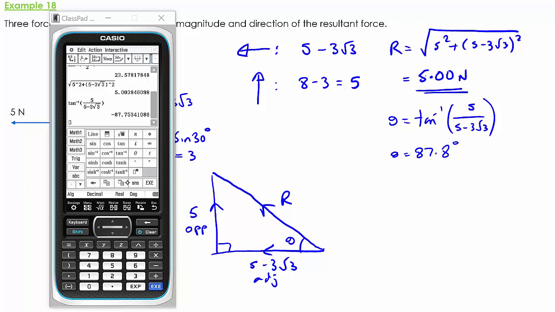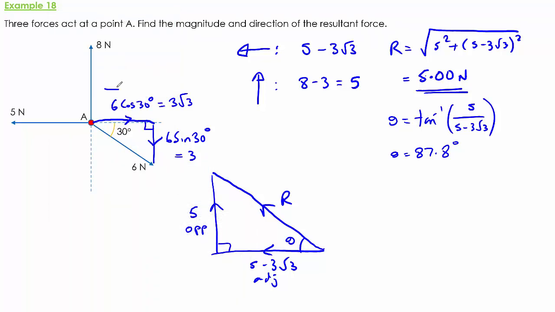And it was minus. Let's just do the 5 take away 3 root 3 for a second. So, in actual fact, that's going to act slightly that way. The 3 root 3 is slightly bigger, so it's going to go in this sort of direction. So, in order to describe that, let's just draw a quick diagram.